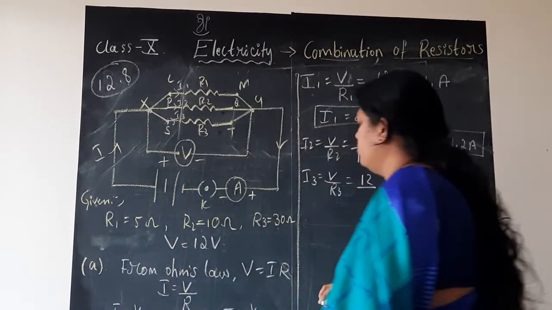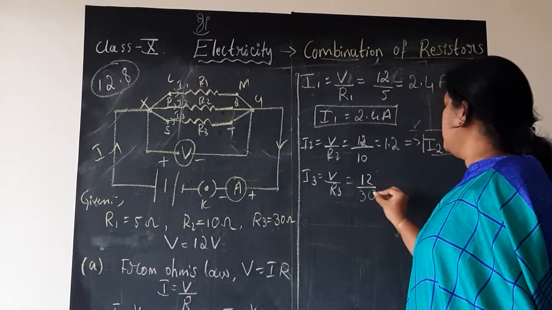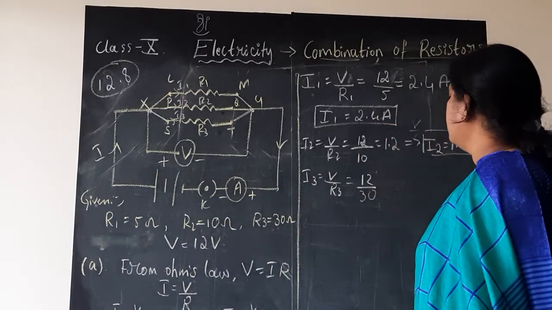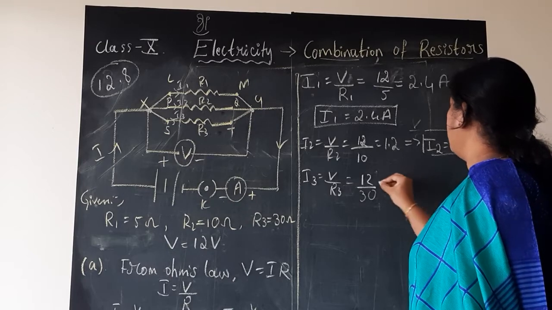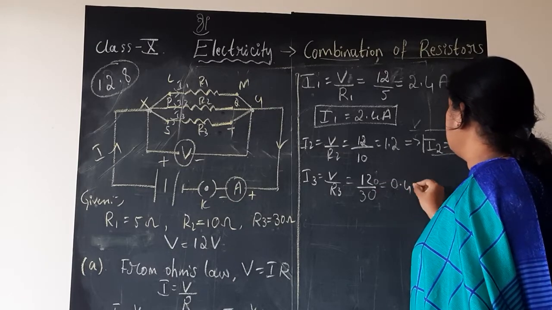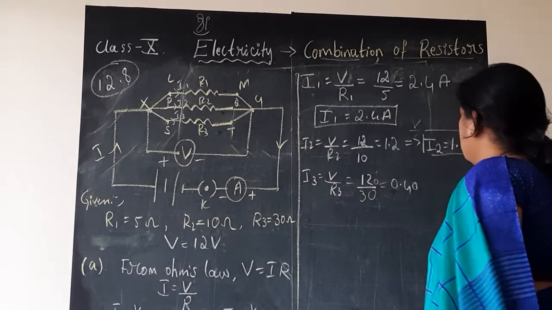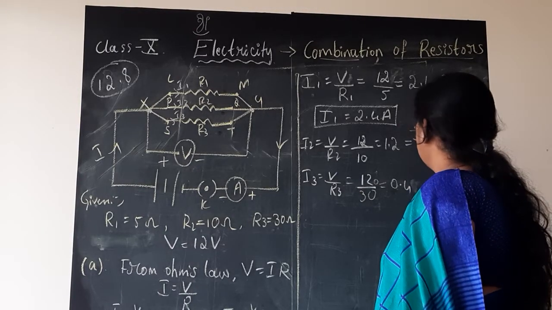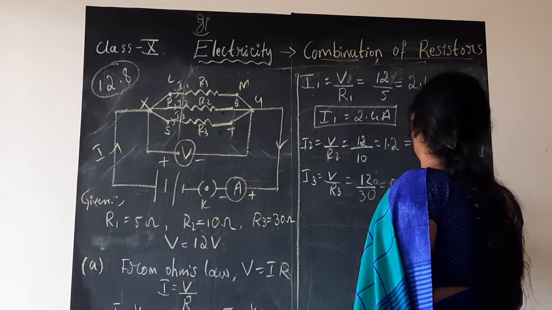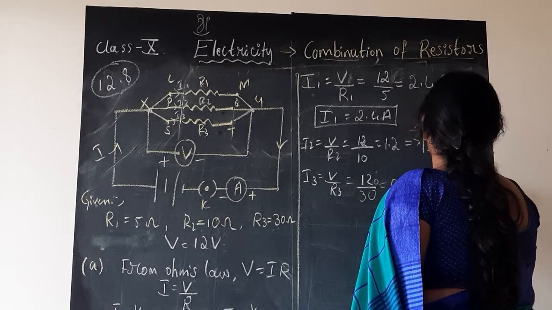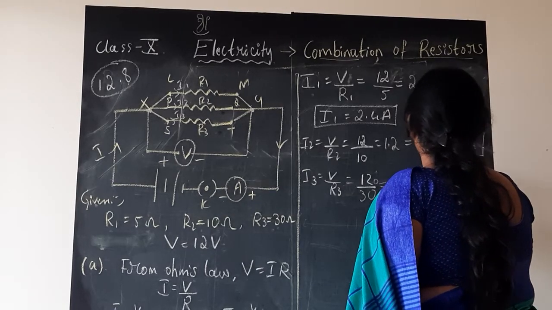V is again 12 volts. R3 is 30 ohm, children. 12 divided by 30: 0 point, 3 4s are 12, so 0.40. Why 0? This 0 I am putting here. 3 4s are 120. So I3 is 0.4 ampere.